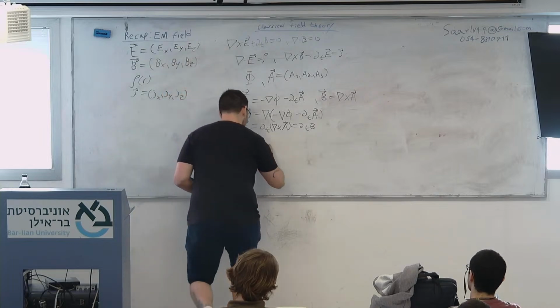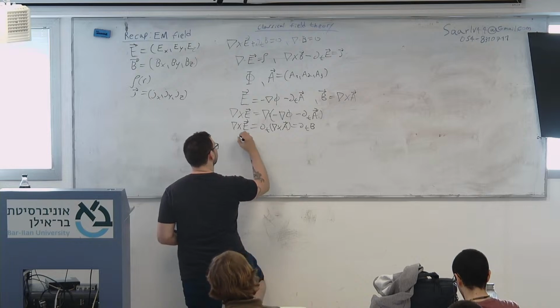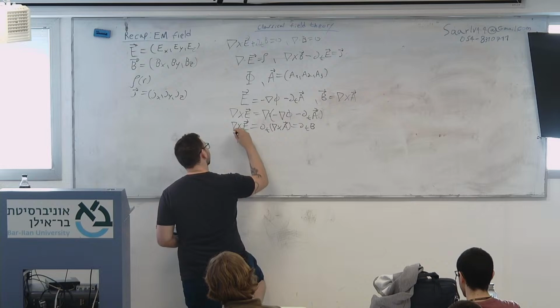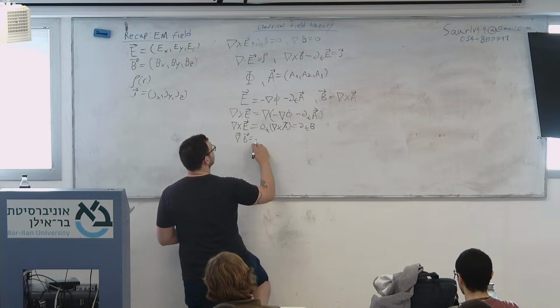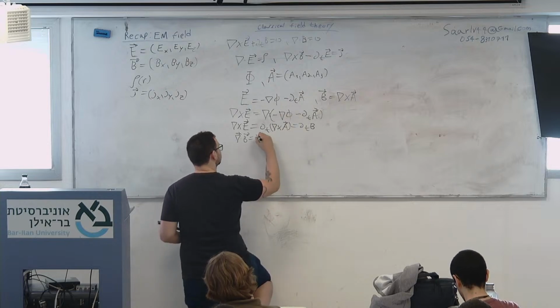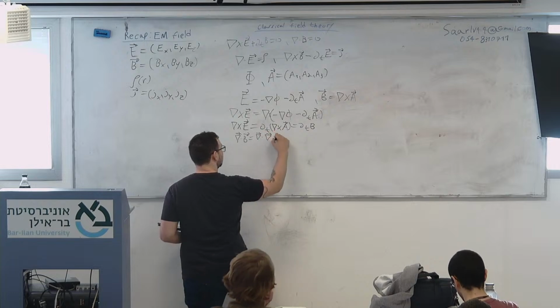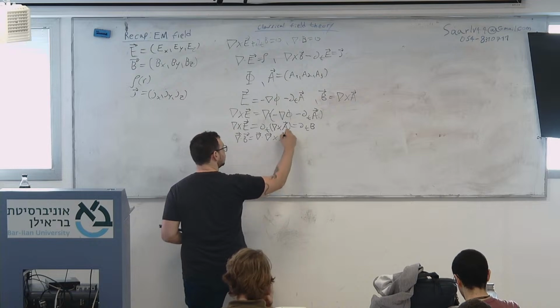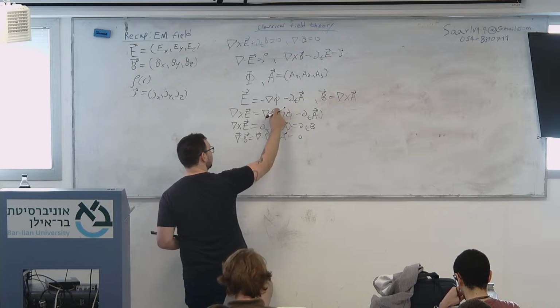If we take B and multiply it by divergence, we'll know that the divergence of a curl will be by definition 0, exactly like here.